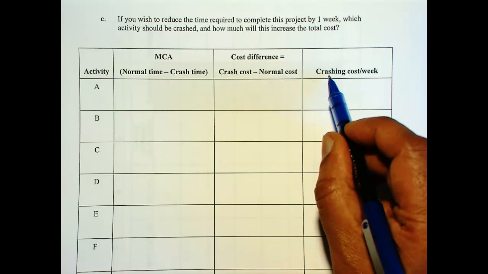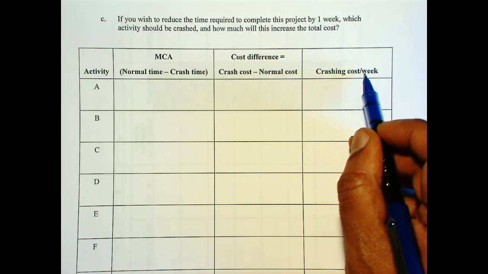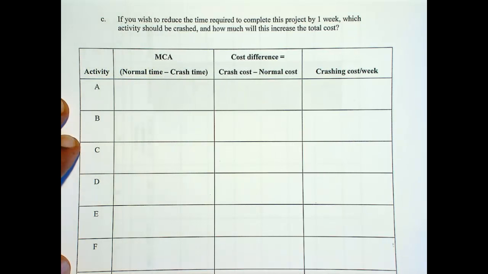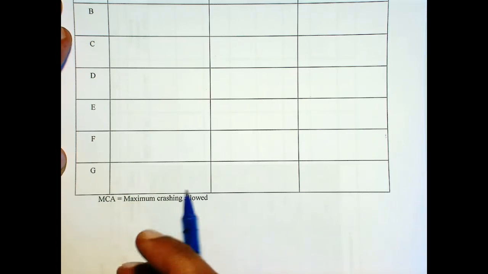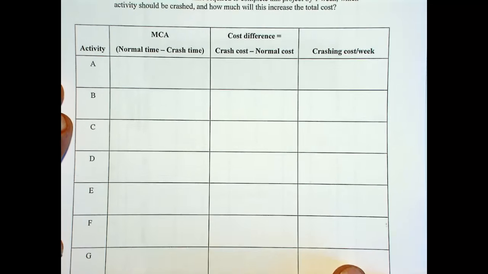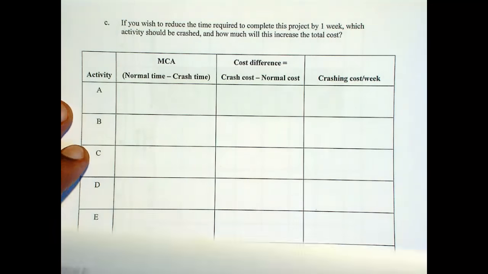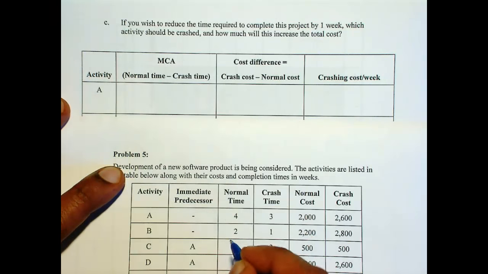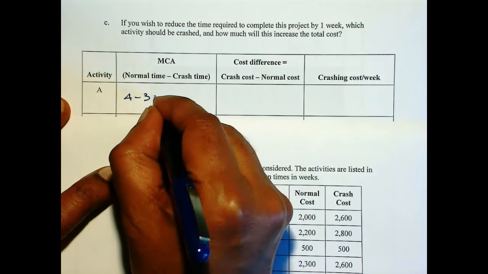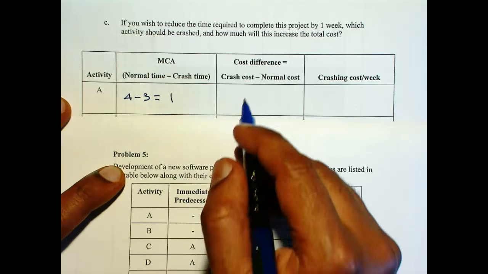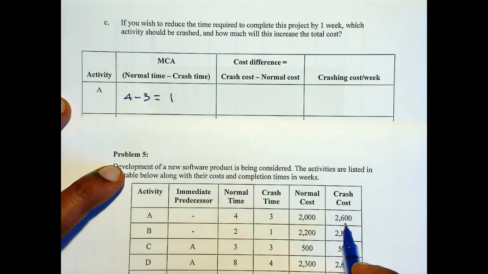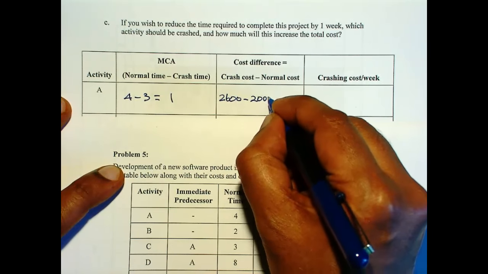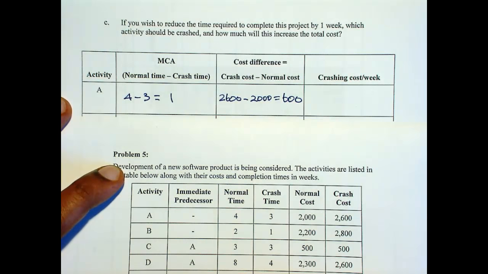Like for A it is 4 minus 3 is 1, and the cost difference is 2600 minus 2000 is 600. Then crashing cost per week is you take the cost difference and divide by the maximum crashing allowed. So that is $600. We do the same for the rest of the activities.